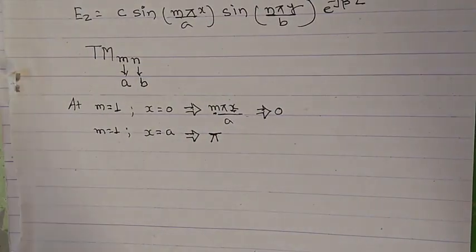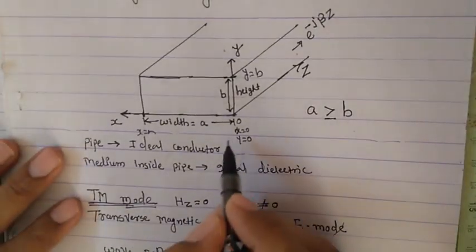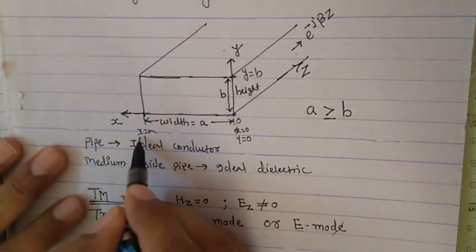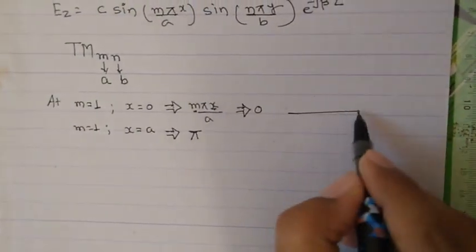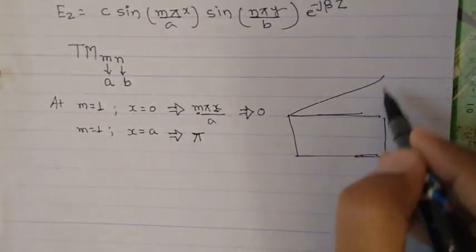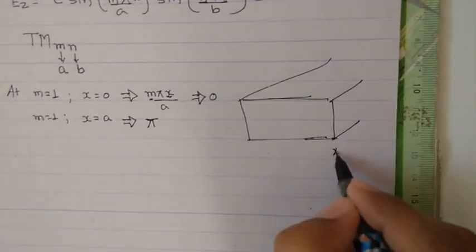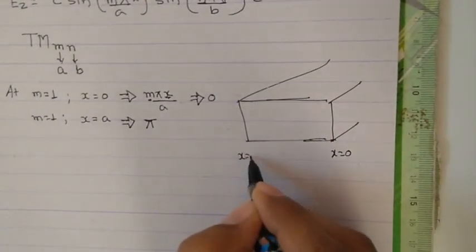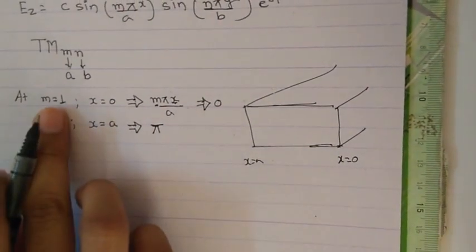So if you have a rectangular waveguide with x equal to 0 and x equal to a, and you said m is 1, you have essentially this kind of a structure. At the two boundaries along the x dimension, m equal to 1 indicates what? Field variation.